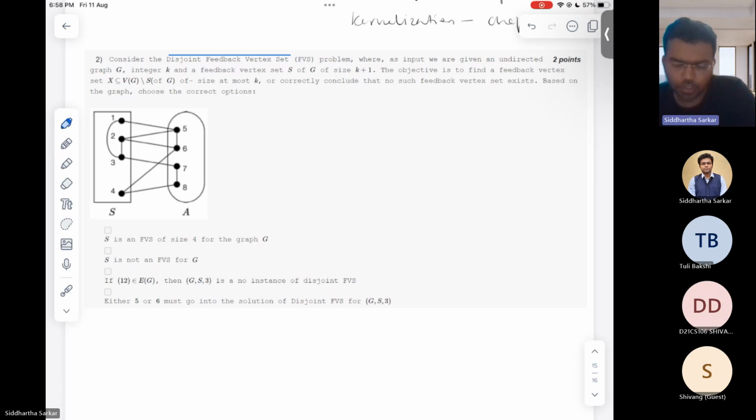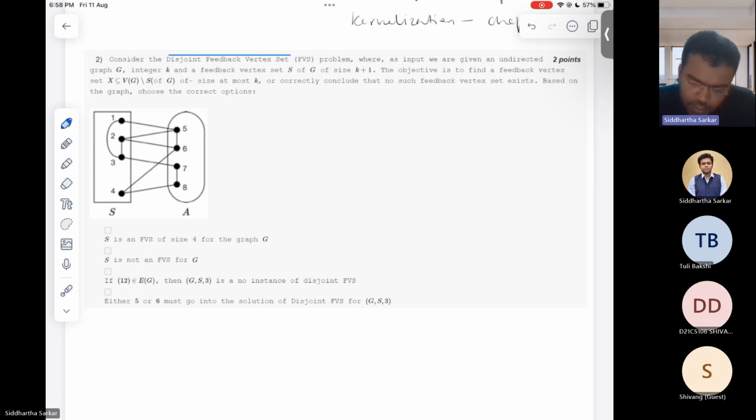Okay, so we have been given certain statements, and we have to decide whether these statements are true or false, and then choose the correct statements. Before that, let's look at what the problem is. The problem is called the disjoint feedback vertex set problem.